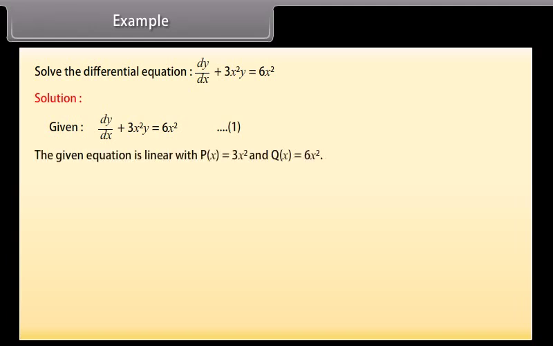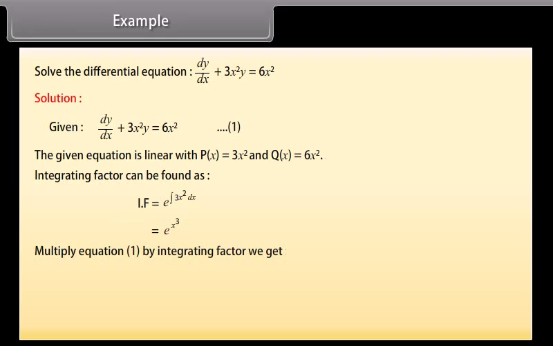The given equation is linear with P(x) = 3x² and Q(x) = 6x². The integrating factor can be found as I.F. = e^(∫3x² dx) = e^(x³).